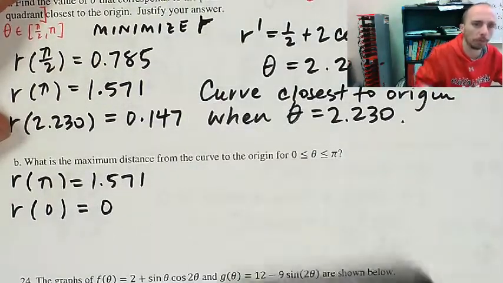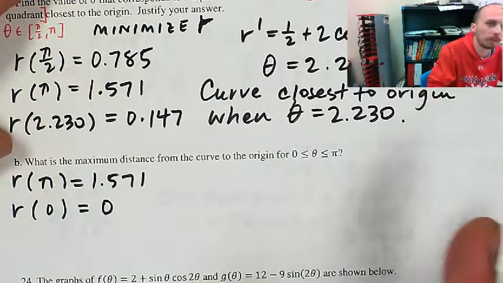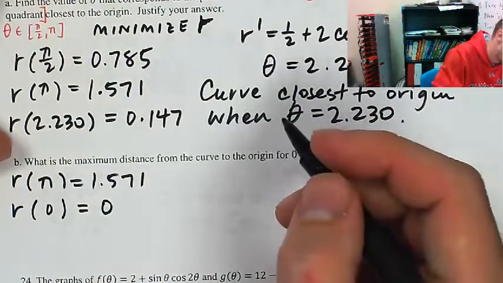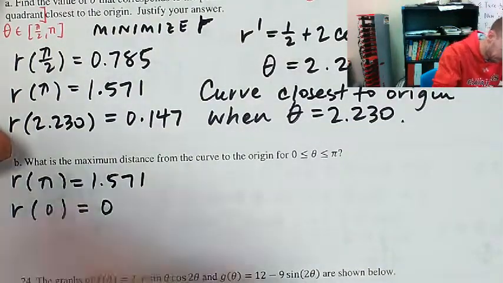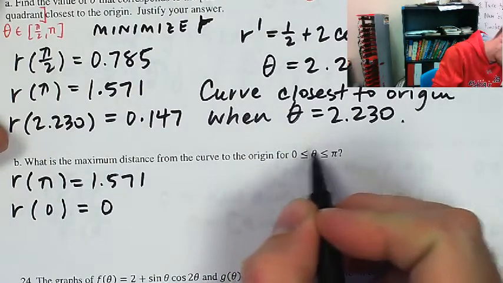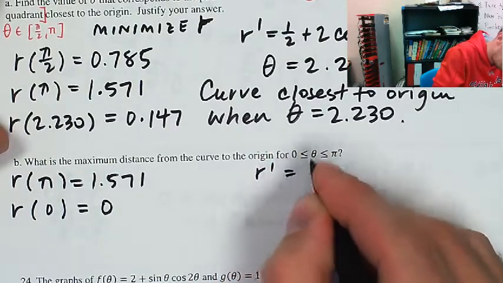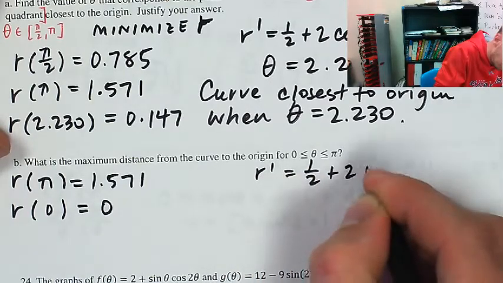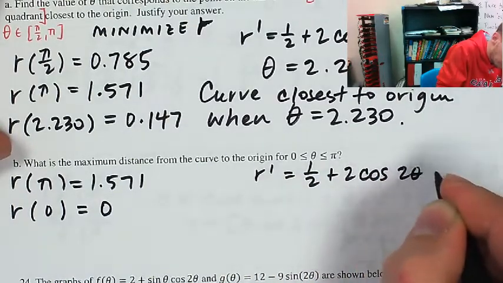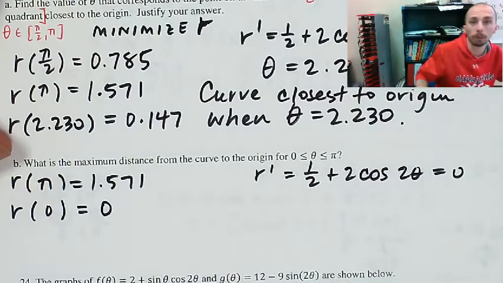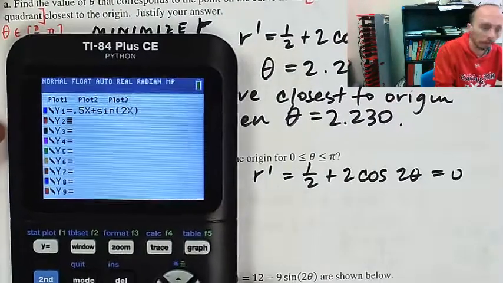In y2, I'm going to graph the derivative, because if I want the maximum distance from the curve to the origin, that's the maximum value of r. Okay. So r prime equals 1/2 plus 2 cosine 2 theta, and I'm interested in where it might be equal to 0.